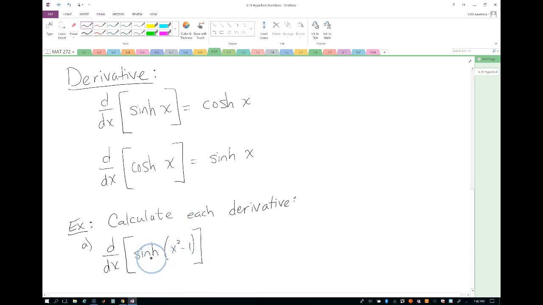We've got an outside function and an inside function. So chain rule says first take the derivative of the outside part, which is hyperbolic sine. Its derivative is hyperbolic cosine. And you never change what's inside unless you use a trig identity. But then we also have to multiply by the derivative of the inside function, which is 2x. So we would have 2x hyperbolic cosine of x squared minus 1.